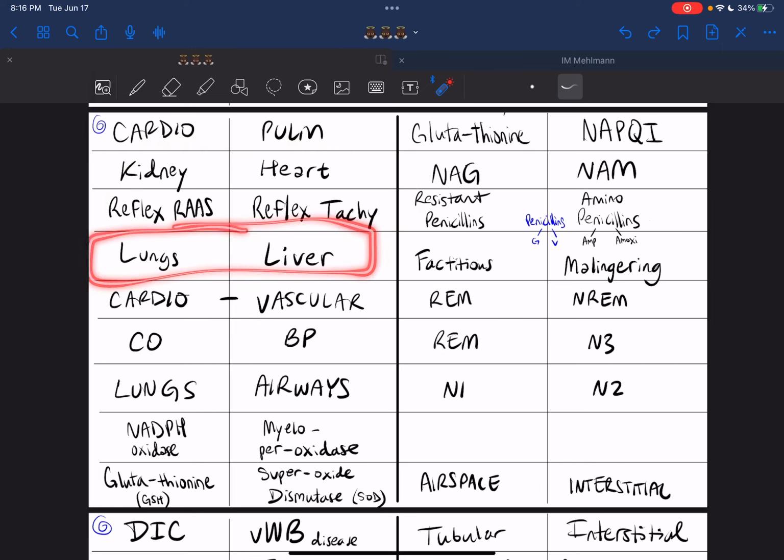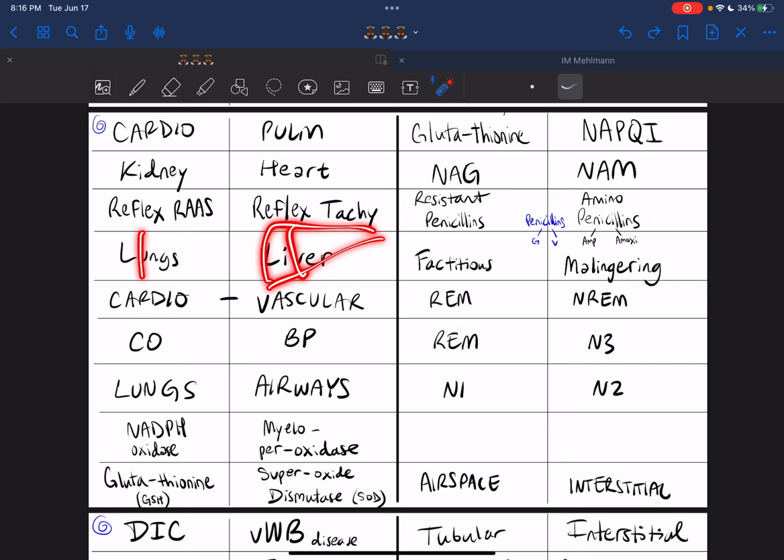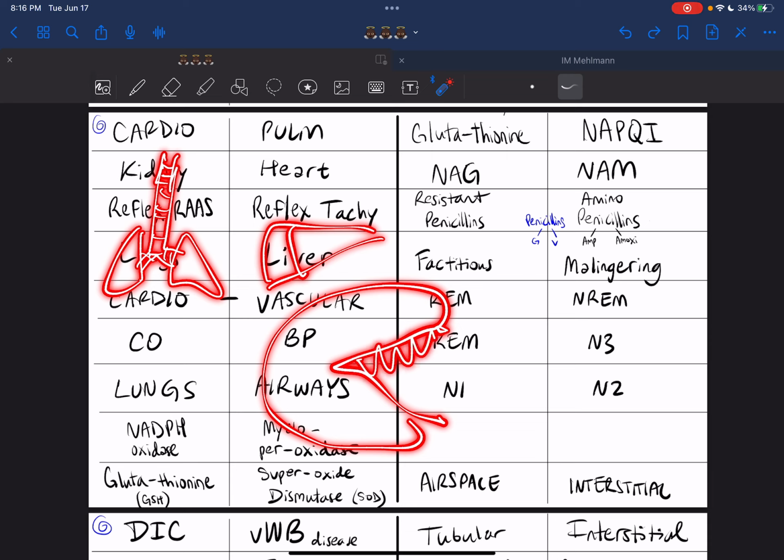Lungs versus liver. These are the two L's that take an L by always receiving cancer. So when cancer metastasizes, it usually wants to go either to the lungs or the liver. These guys also both get screwed over by alpha-1 antitrypsin deficiency, which is that disease where the person has too little antitrypsin, so trypsin, an enzyme that basically eats everything up like a piranha, destroys it.